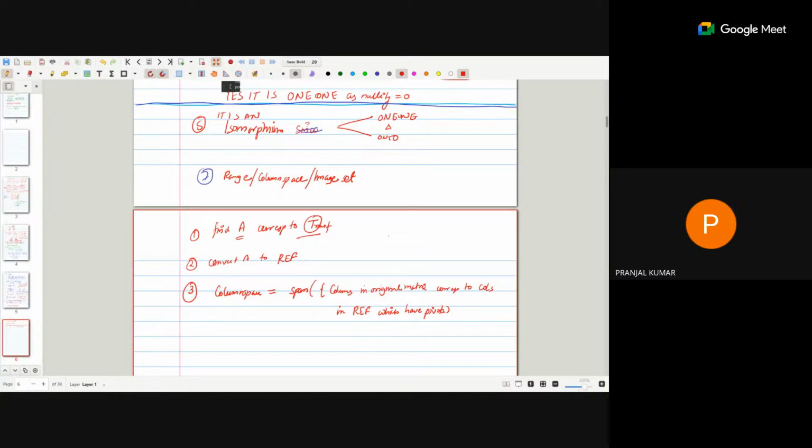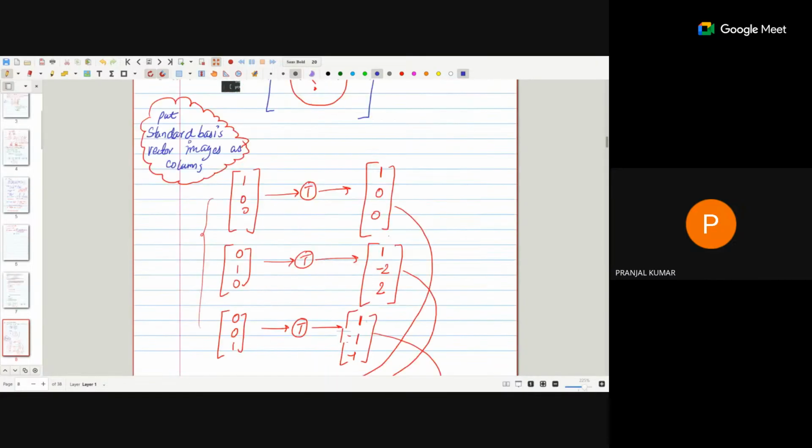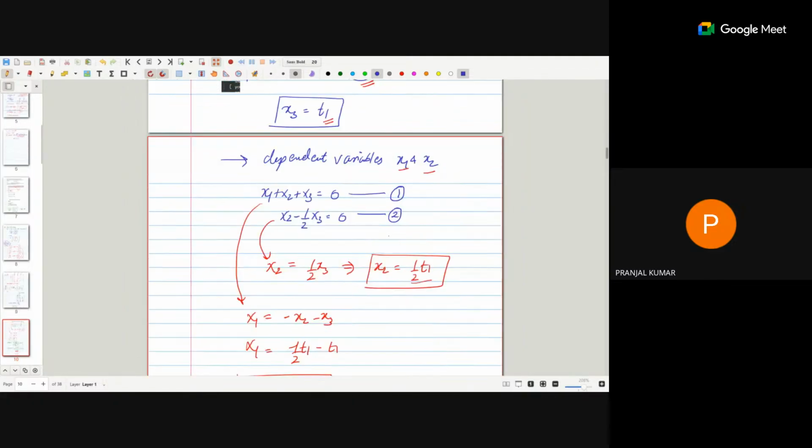So you have to pick columns in the original matrix. This is very important. Do not pick from the REF matrix. Pick the columns in the original matrix corresponding to the columns in the REF which have pivots. If the first column has a pivot in the REF, then you pick the first column from the original matrix and place it here. So span of C1, C2.